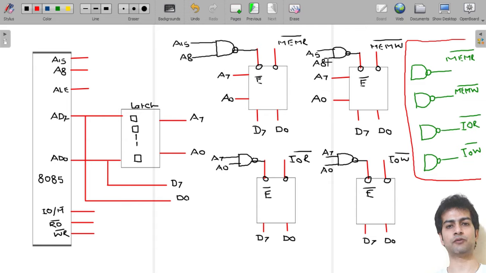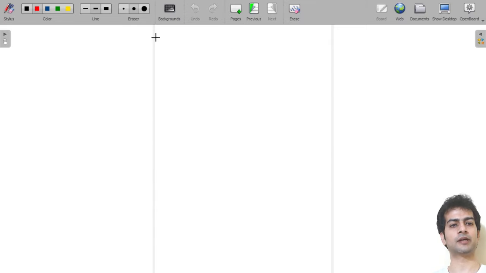The output is coming through a NAND gate, and it is active low chip select. Then what will be the range of both memory locations?